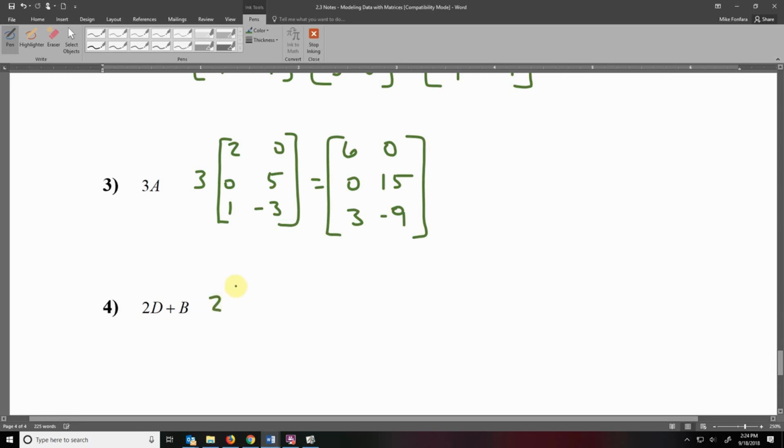Okay, then it's 2 times matrix D. So it's 2 times 2, 9, negative 5, 0, plus matrix B, 5, negative 2, negative 1, 4.